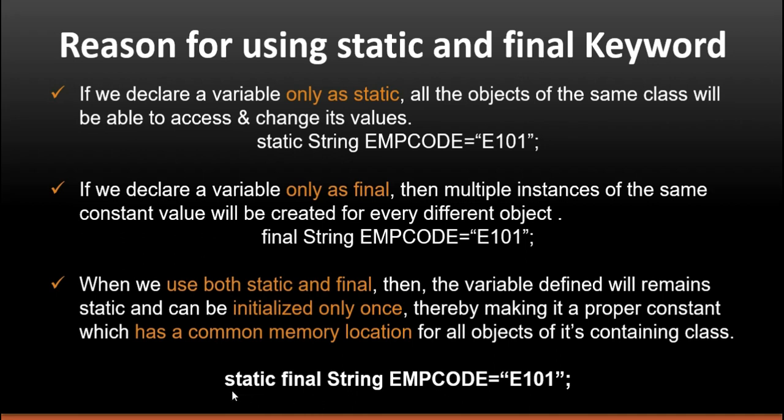Therefore Java uses static final keyword together. I have shown in my syntax that it is optional, but try to use static with final keyword for memory efficiency. So the final syntax for using a constant in Java is static final data type variable name, and you can assign a value to your constant.